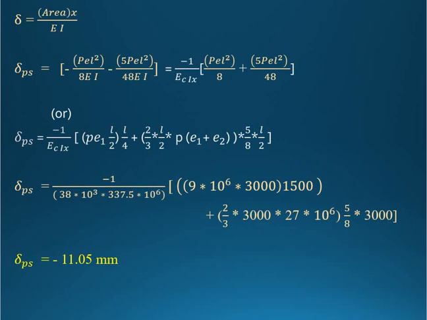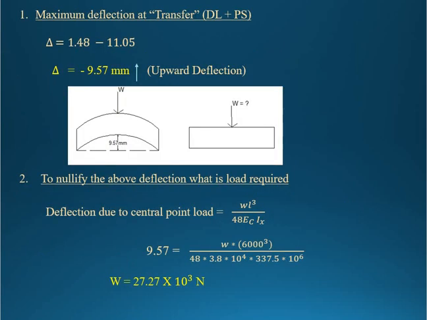So take the value as 27 into 10 power 6 into 5 by 8 into 3000. Now even these values, EC and IX, you just substitute, we will get delta PS, that is deflection due to pre-stress, as minus 11.05 mm.